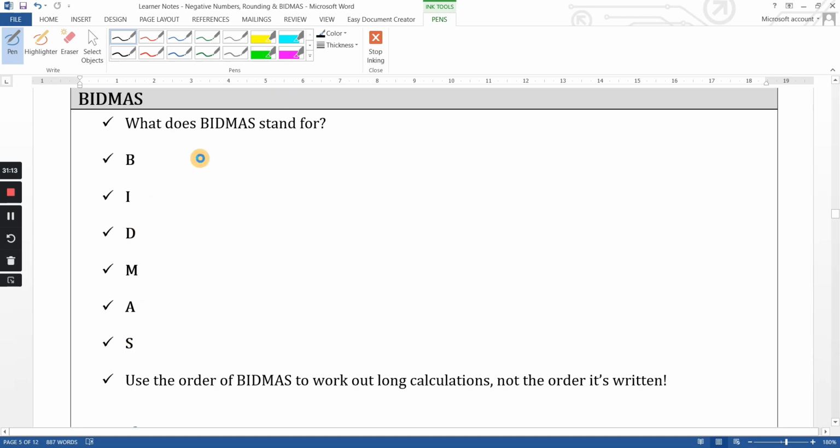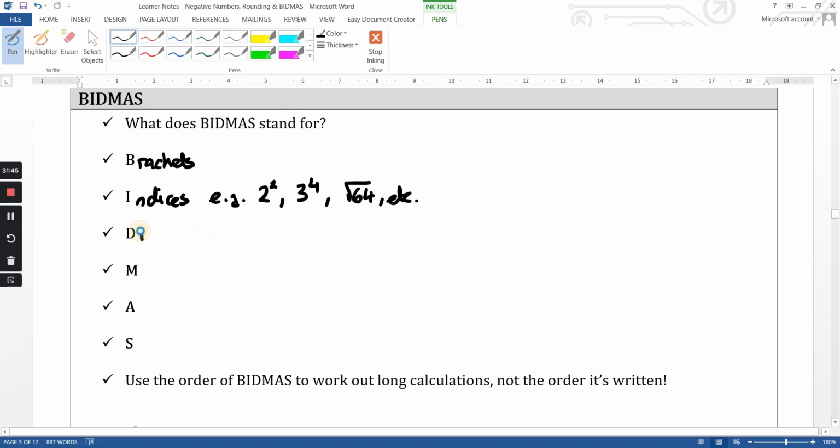I'll explain with a couple of examples, in more detail. So B stands for brackets. I is indices, things like 2 squared or 3 to the power 4, or even things like square root 64. So anything with indices or powers.